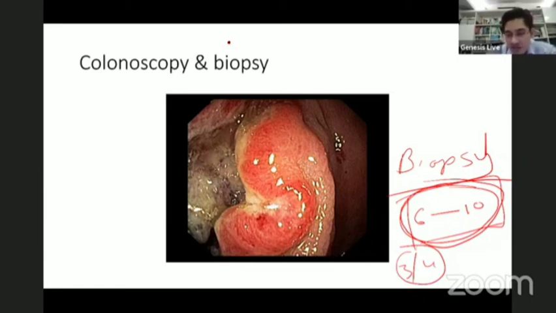CT scan will not be available. So always go for an ultrasound. And it's even better if you do a training on ultrasound before you are posted, and later you can practice on your own when you go to your posting. So that would be very helpful for you. I think all surgeons should learn more about ultrasound.